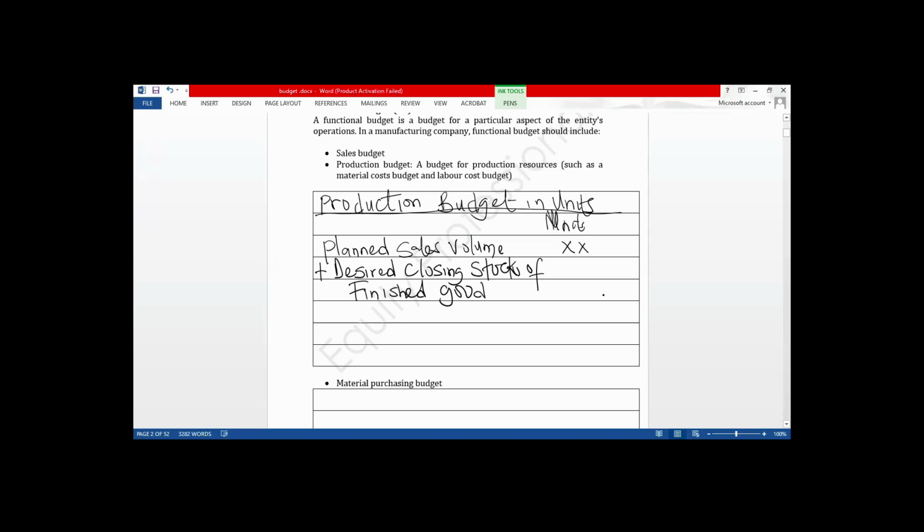So you are going to pick your budgeted sales volume, plus desired closing stock of finished goods, XX, then minus opening stock of finished goods, XX.